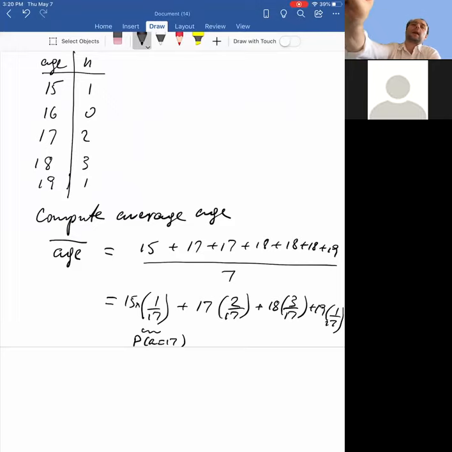The probability that you've tapped a person aged 16 is 0. There are no people aged 16. The probability that you've tapped a person aged 17, well, it's 2 out of 7.